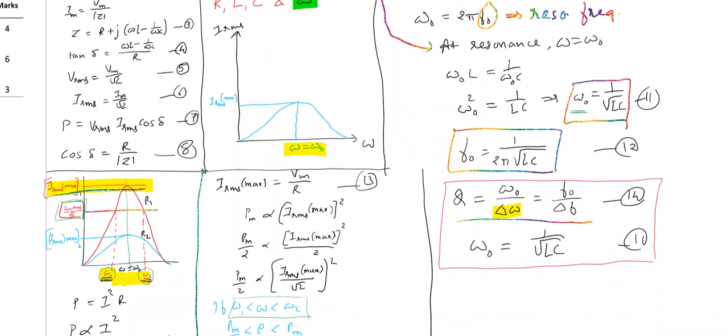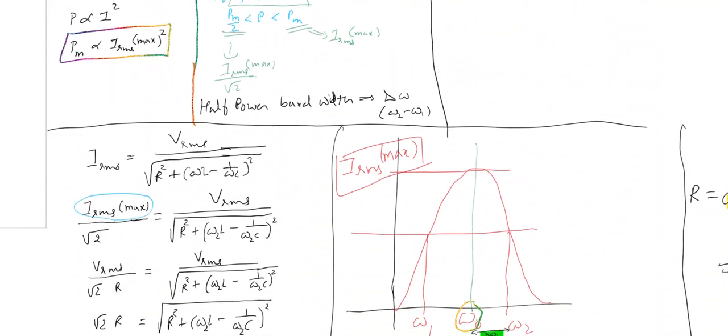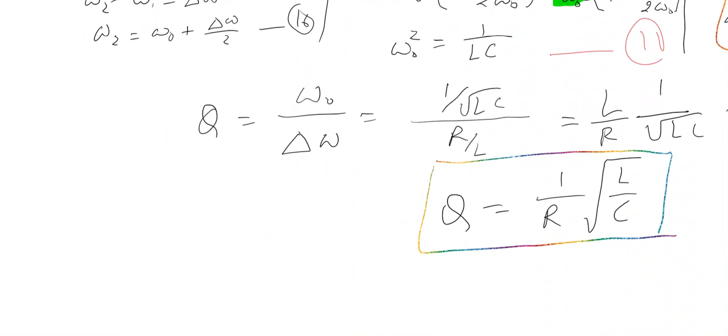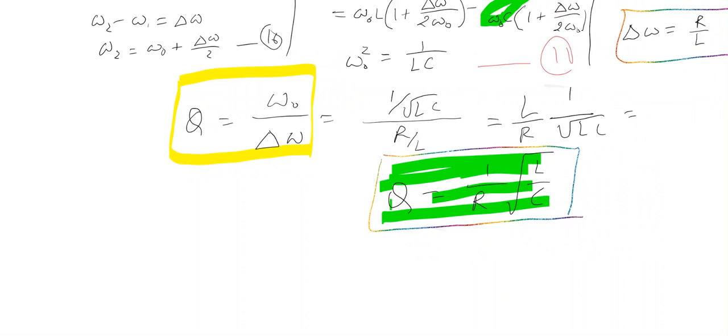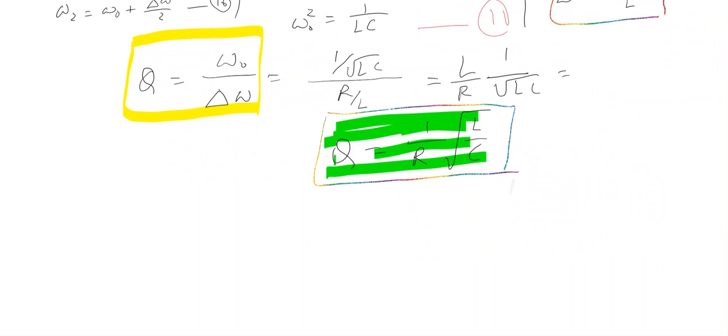And at that time we can define quality factor, which is a parameter which decides the sharpness of the curve. Two equations for quality factor. This is one, and the other one is, by its definition, which can be given as omega 0 by delta omega. So that is all about series LCR resonance.